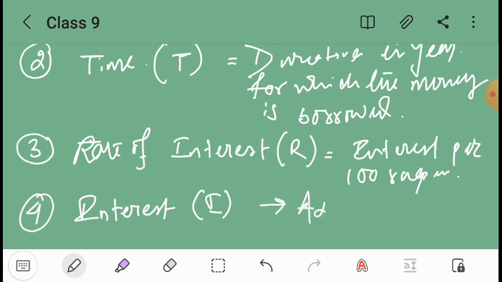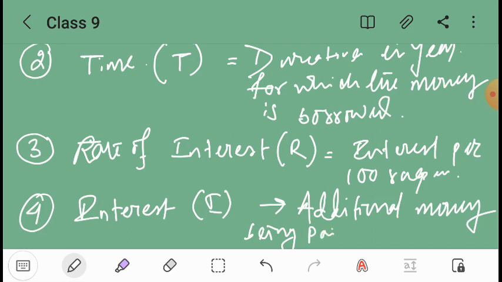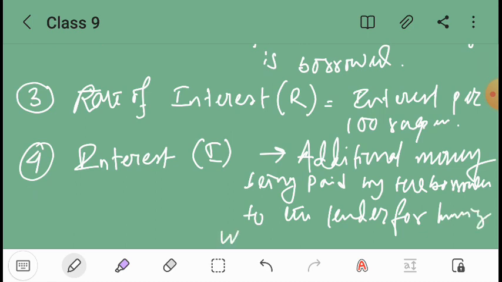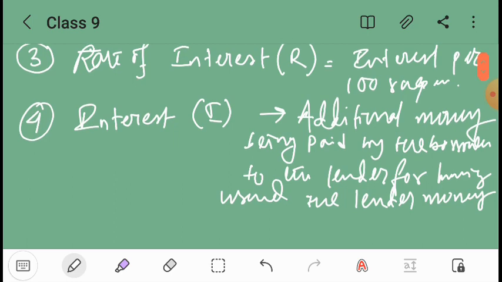That means the additional money being paid by the borrower to the lender for having used the lender's money for time T. Right.